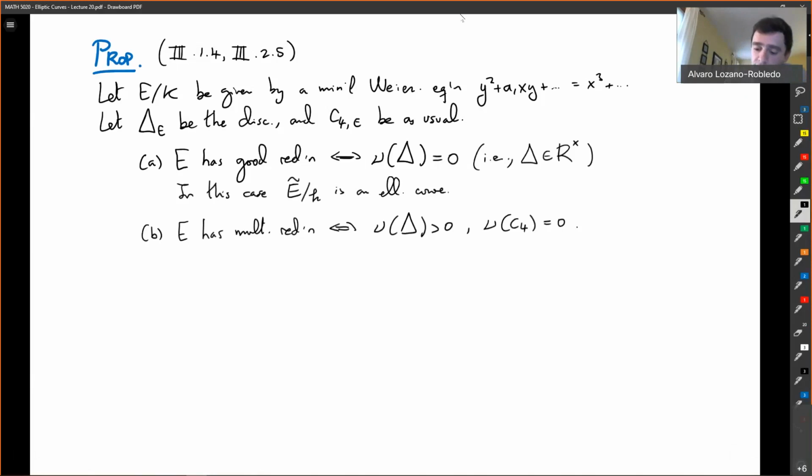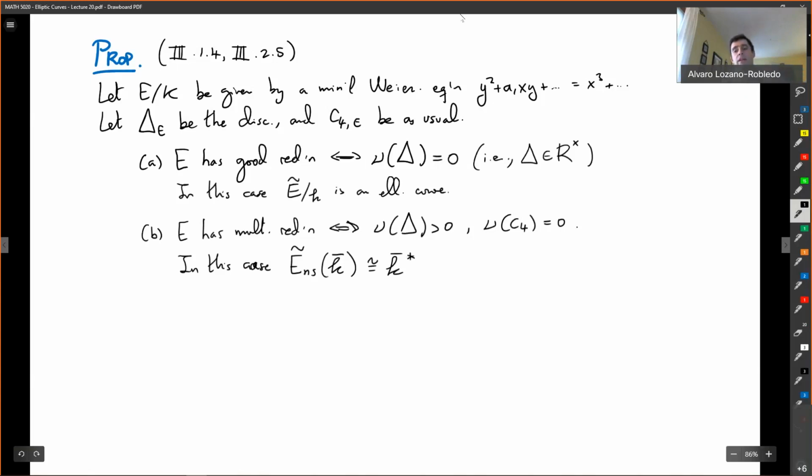In this case, remember also that we discussed that the non-singular points over K bar are isomorphic to the multiplicative structure of K bar, which explains the terminology multiplicative.